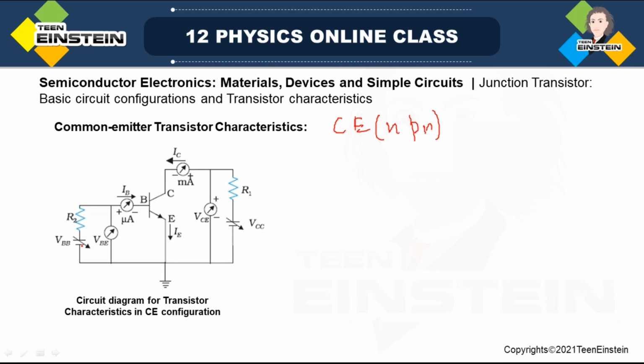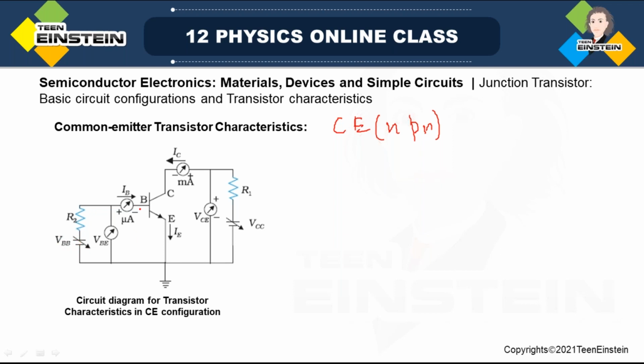This is an external battery, and the corresponding voltage is VBB.